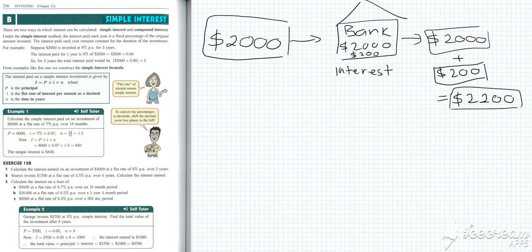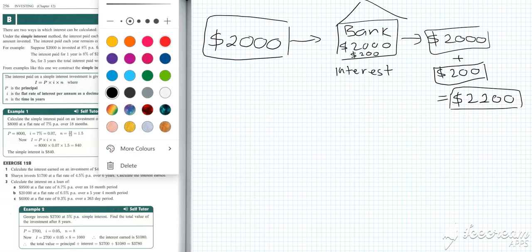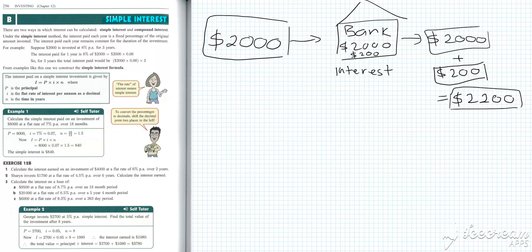This section of the topic is all about how banks calculate how much money they should give you. To work this out, we have a formula, and we're going to use our calculators for this at some point. It will do it automatically for us, but for the minute we're going to do this semi-manually.